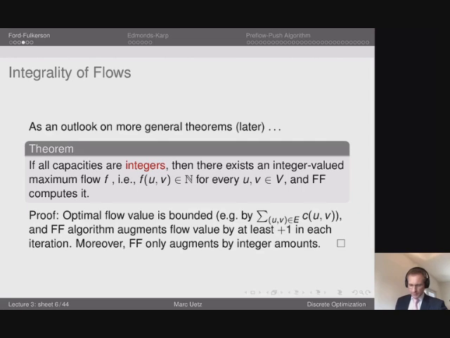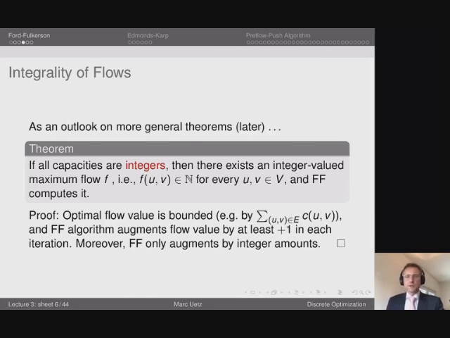And in each iteration, the Ford-Fulkerson algorithm only augments by integer amounts of flow, and therefore we will have computed an integer optimal solution. So this is a special case of finding integer valued solutions to certain linear programs, which will be discussed also later on. So that is the correctness proof also for the case when we have integer capacities.